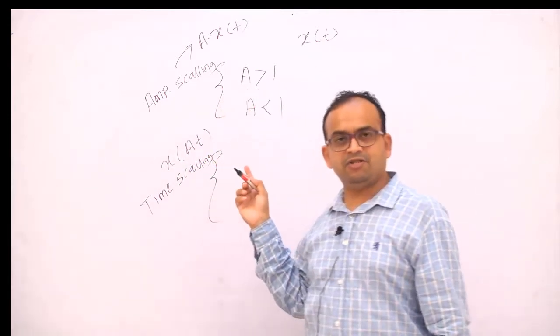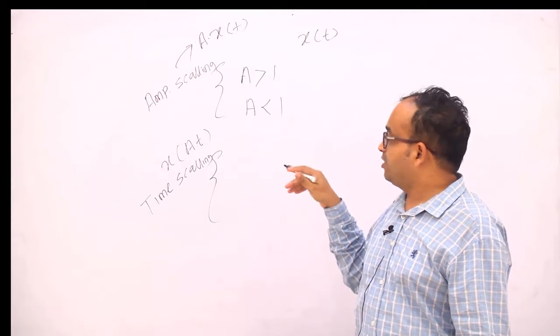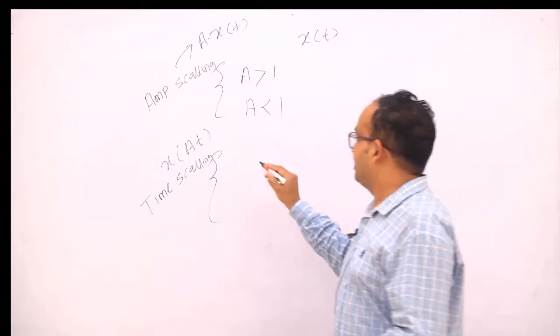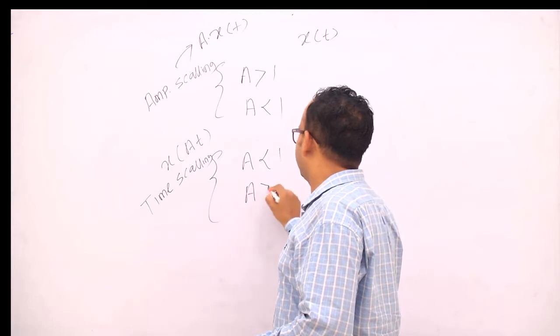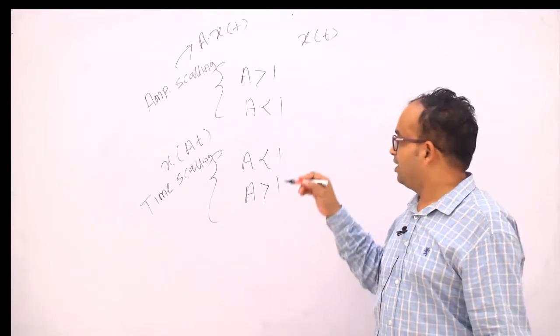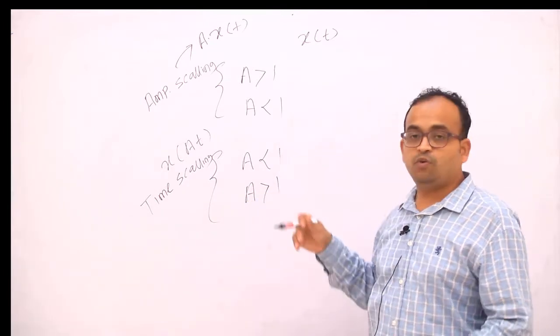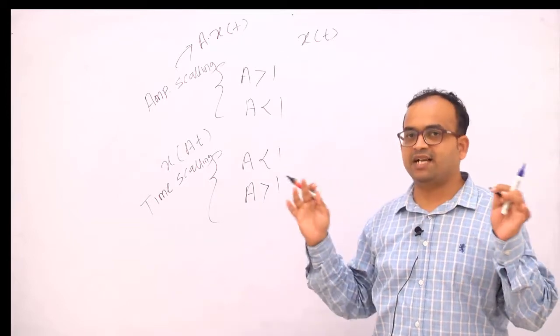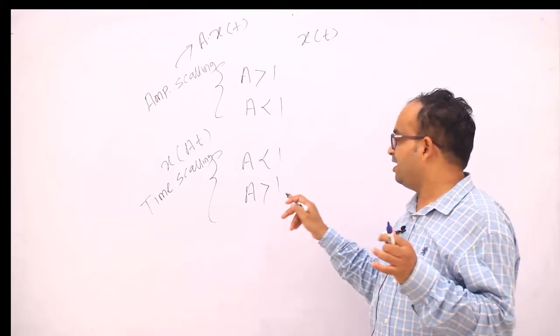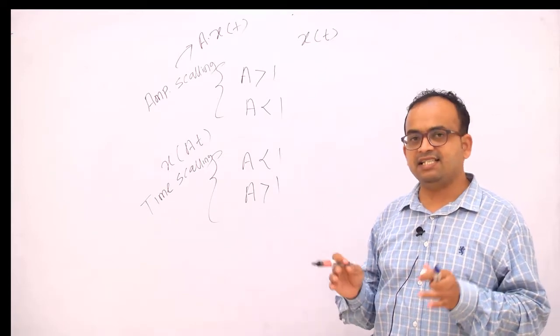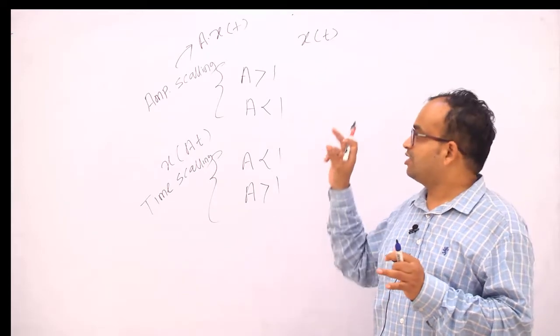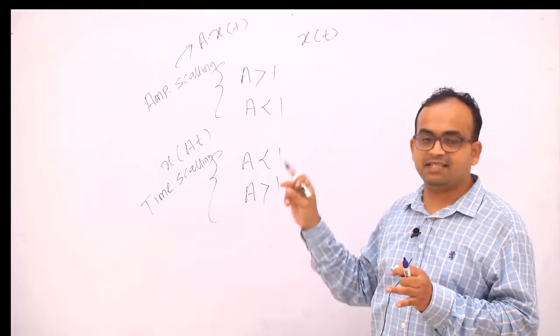You know this from the last class. Here also the value of A may be less than 1 or greater than 1. When A is less than 1, the signal is expanded in the time domain. When A is greater than 1, the signal is compressed in the time domain. So this is the first operation we did in the previous class.